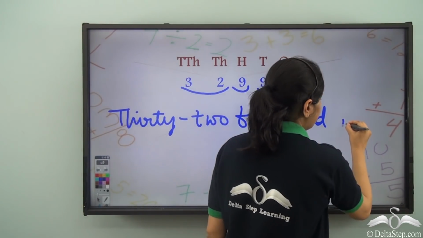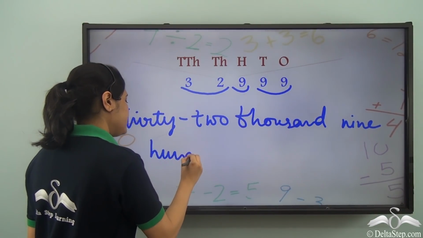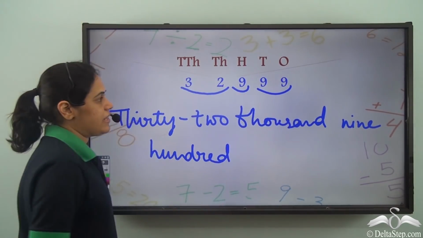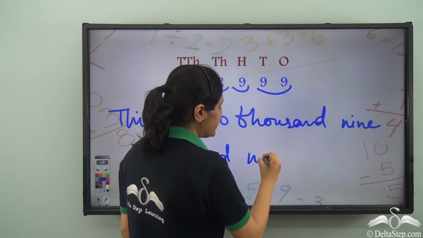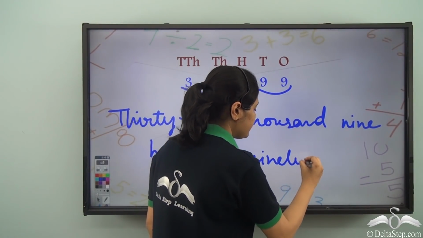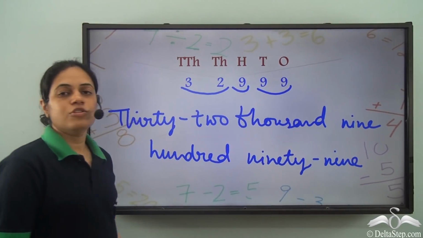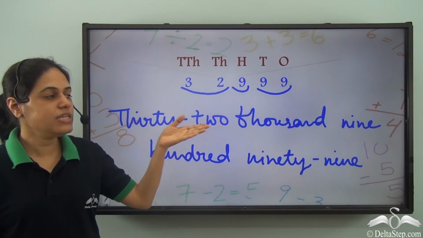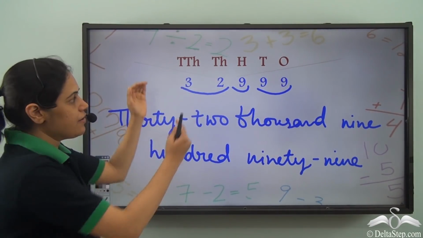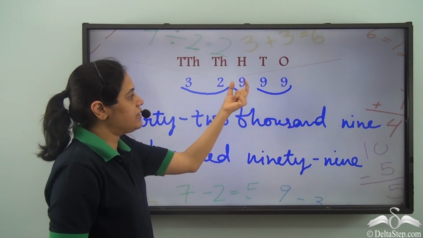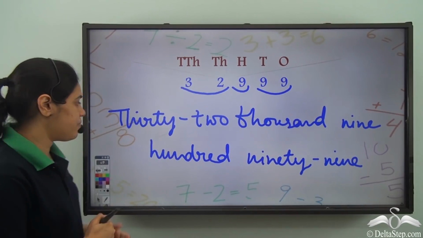So 900. And the third part will come from these two taken together. So it is 99. So the number name of this number is 32,999. First we take these two, then this, and then these two. So this is the number name of this number.